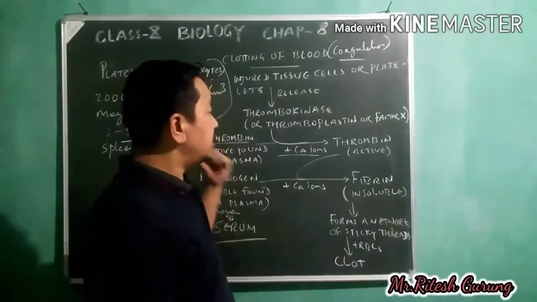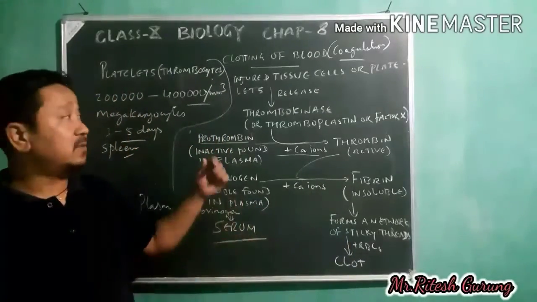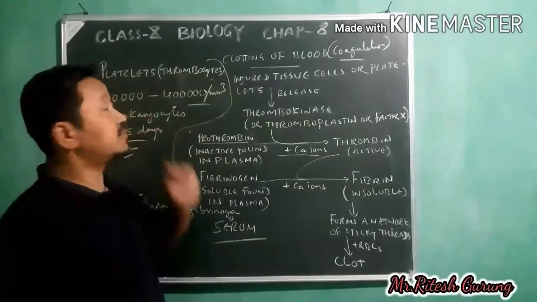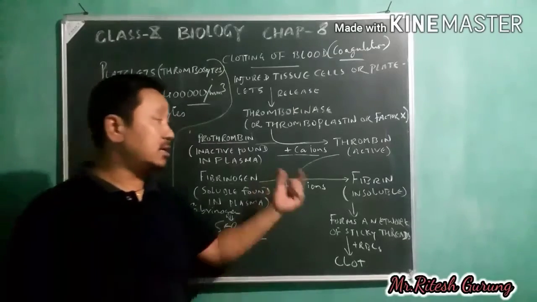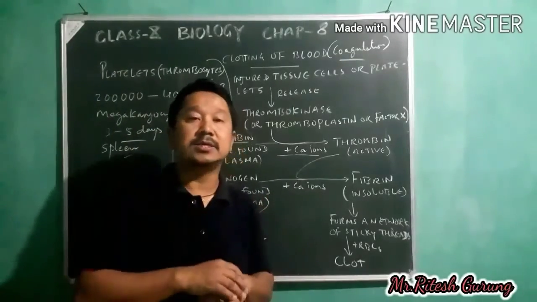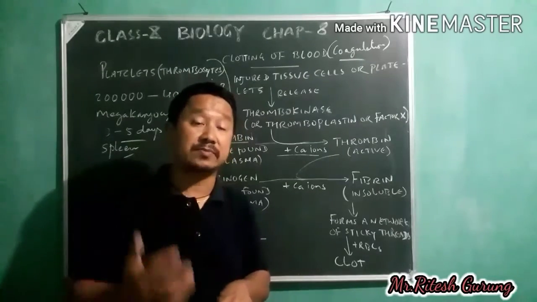Suppose clotting doesn't take place there, if the blood is not coagulated, or let us say there are no platelets, then the clot doesn't form, and from even a small injured part of the body the blood keeps flowing out.